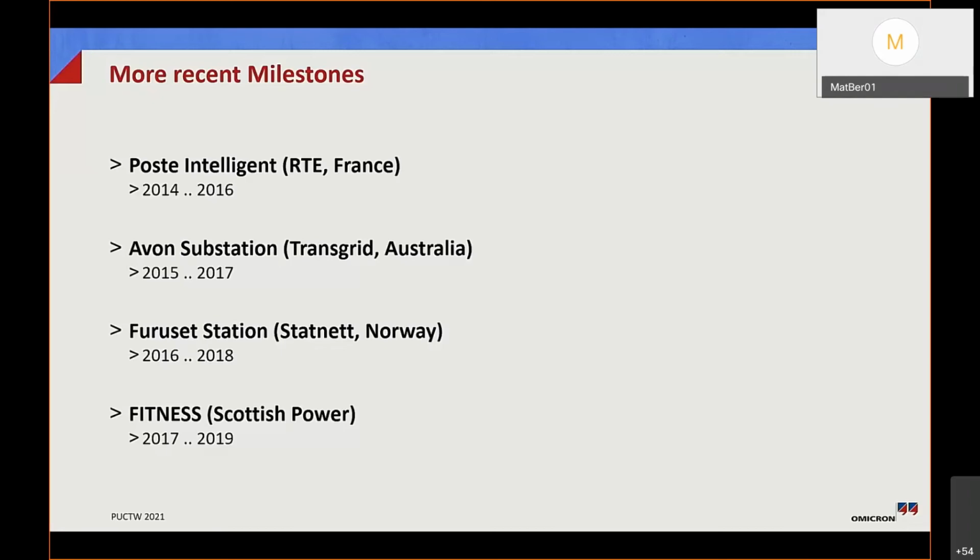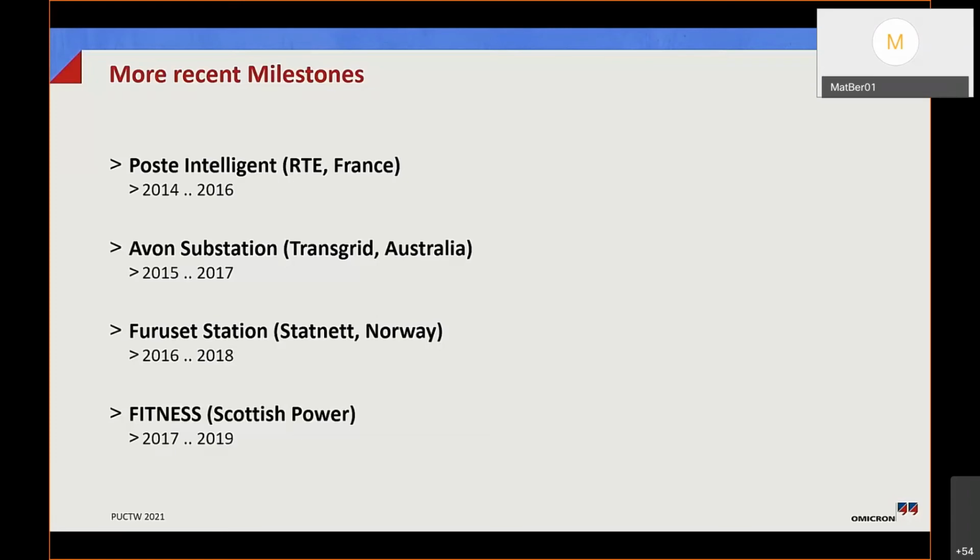So this is the Poste Intelligent in France, the Avon substation near Sydney in Australia, a very nice paper has been presented about that, also touching on many other things, not only sampled values. In Norway, Statnett built this full-fledged station with sampled values. And there was the FITNESS project at Scottish Power, which was very prominently presented and where OMICRON was also very heavily involved in helping with the testing.